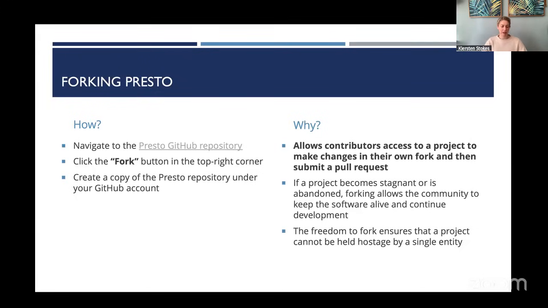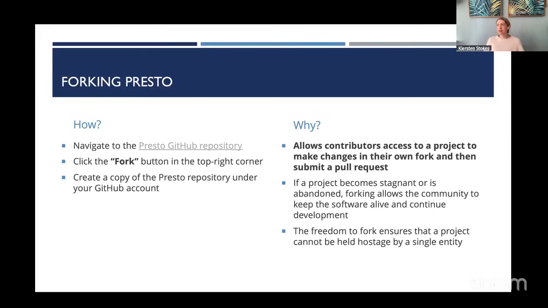But in the grander scheme of things, a company or some entity could create their fork and have it diverge from the original in certain ways. That's obviously allowed in open source and encouraged to a degree. But yeah, forking, again, it's just a safeguard.